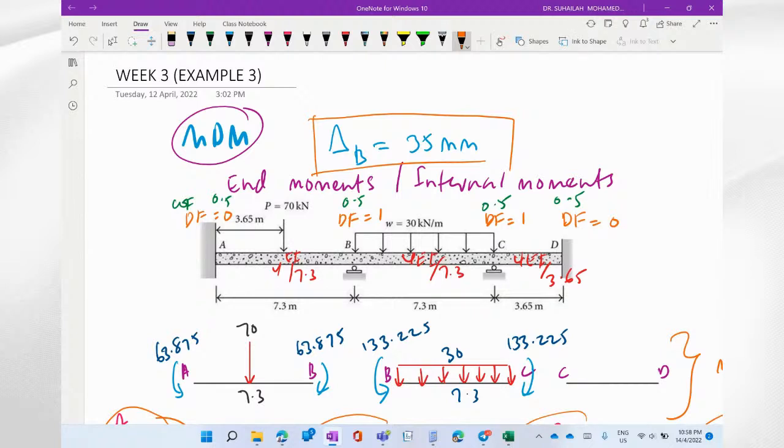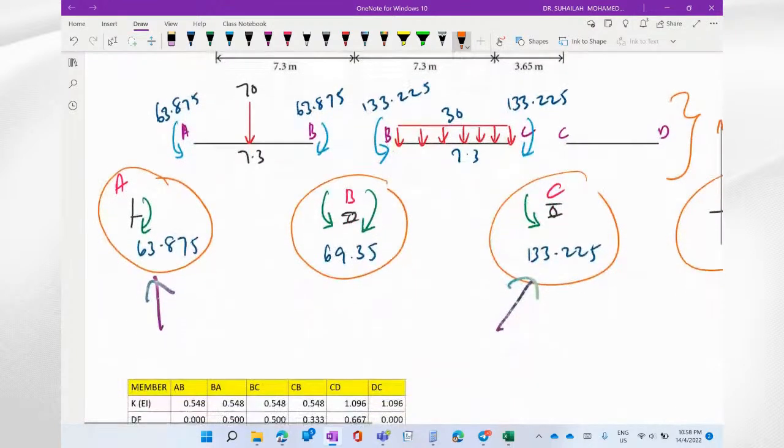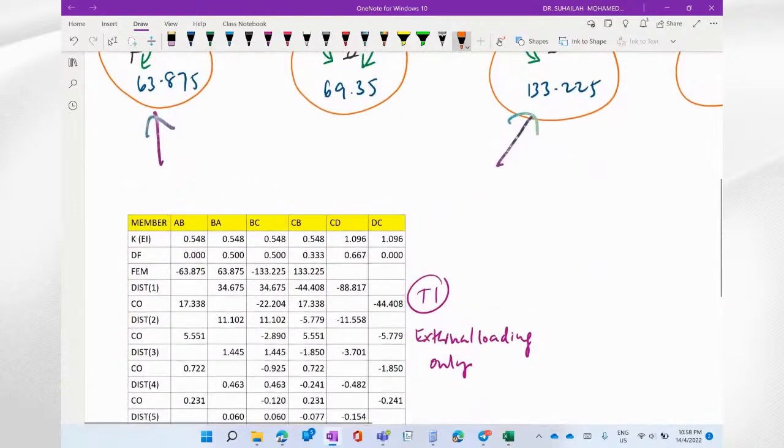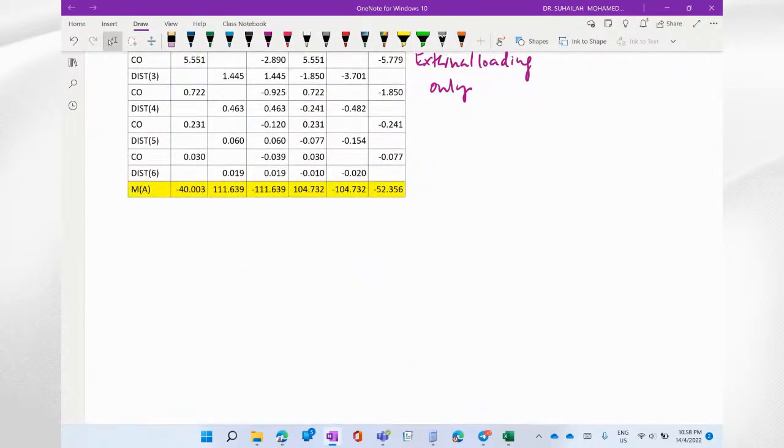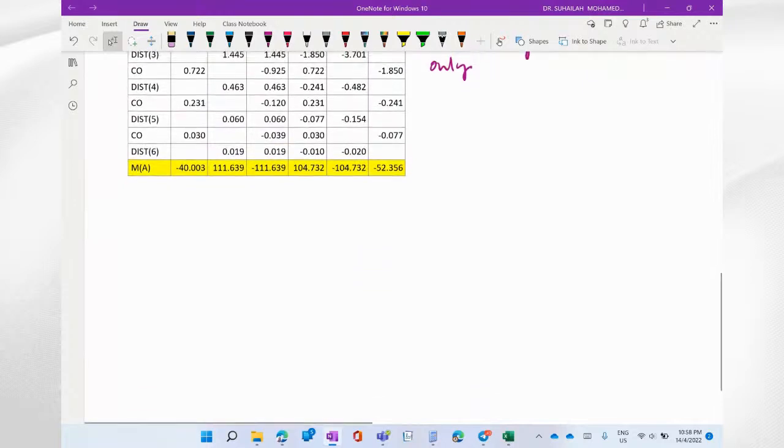We have to draw the free body diagram for joint B. A, B, C get affected. C, D remain at the same position. So the free body diagram representing delta B equal to 35 is like this.